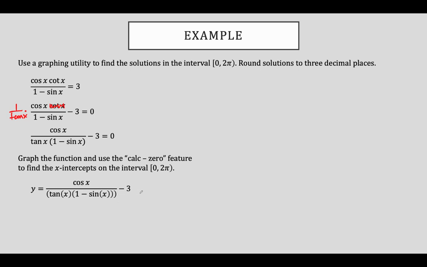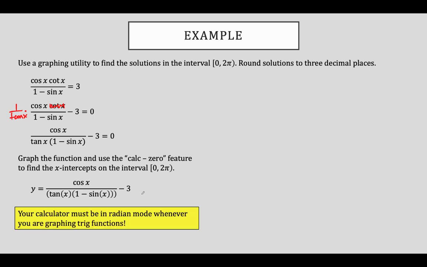And after that, we type in minus 3. Okay? All right, so we need to put the whole denominator inside of parentheses there. We graph that. Make sure your calculator is in radian mode. Again, whenever you're graphing trig functions, we must be in radian mode.